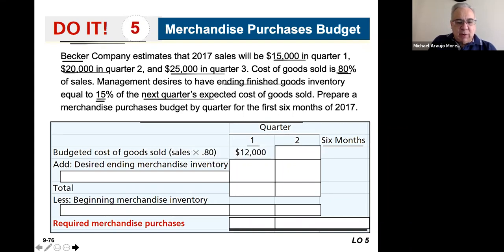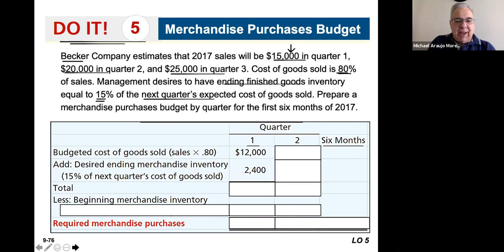To figure out, what we have here is their budgeted cost of goods sold is 80% of their sales. For the first quarter, 15,000 times 80%, you have your 12,000 there. And then you're adding your desired ending inventory.